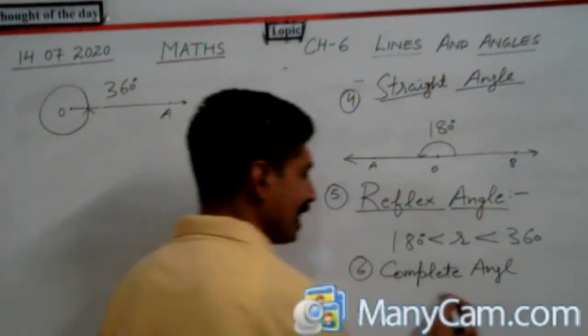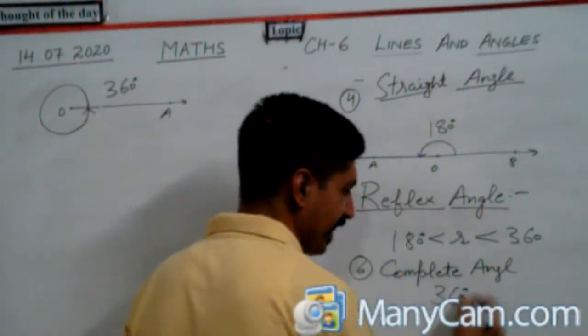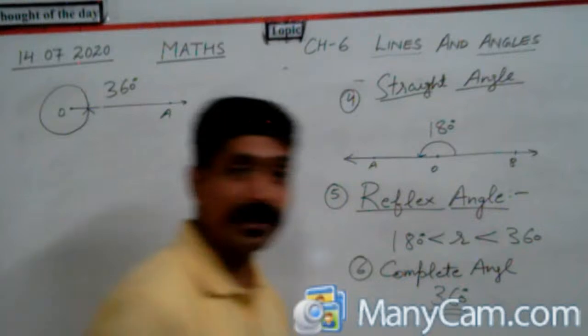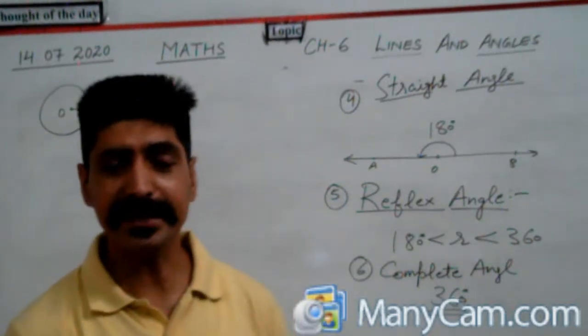Complete angle means a 360 degree angle is called the complete angle, right?